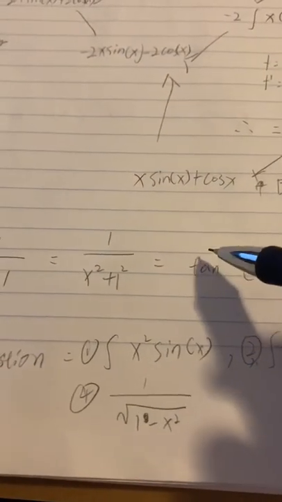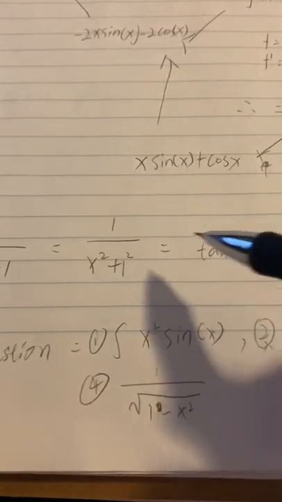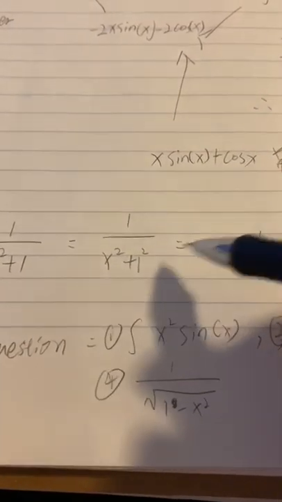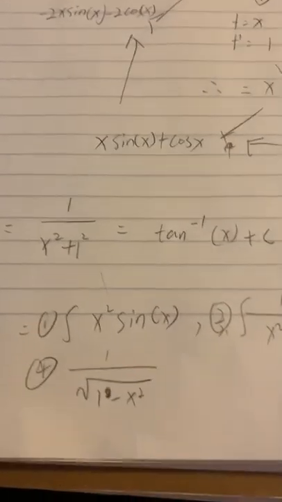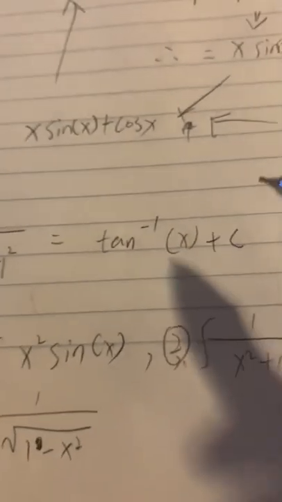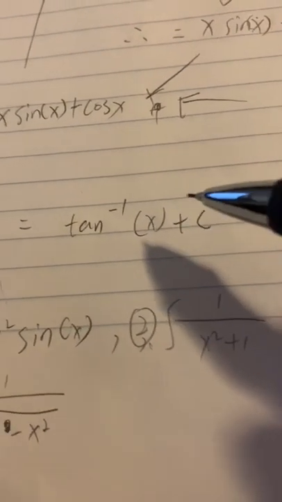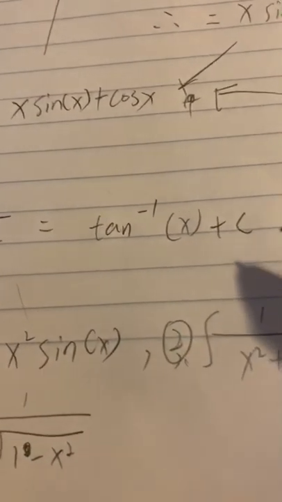So you can just rewrite 1 as 1 squared. Then we get arctangent x plus c.